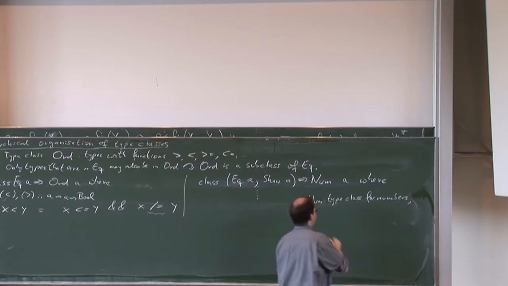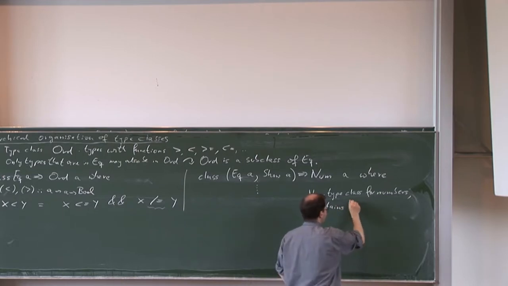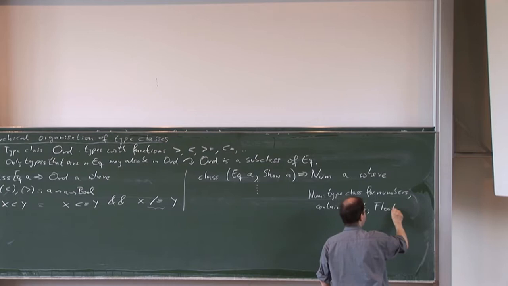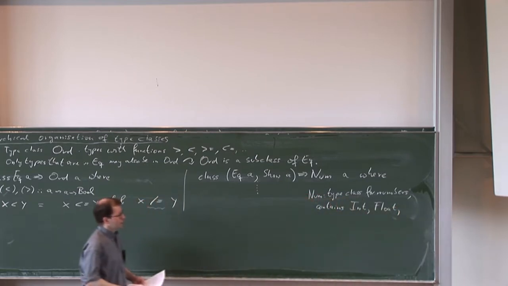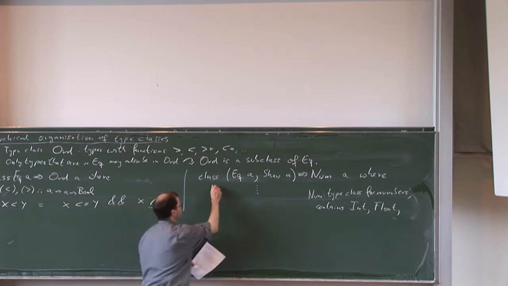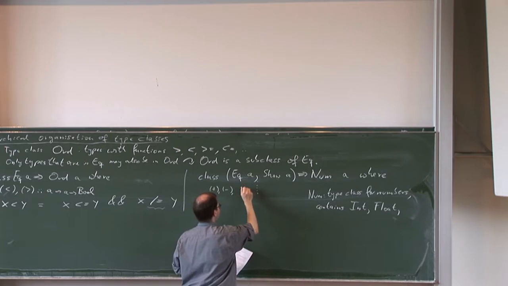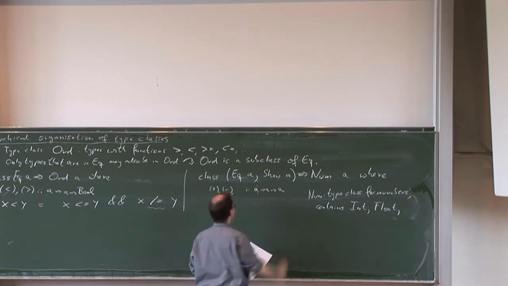So this type class contains types like Int, but also types like Float, and so on. And there we would have functions like plus and minus and so on. They would be defined here. They would have the type a to a to a.